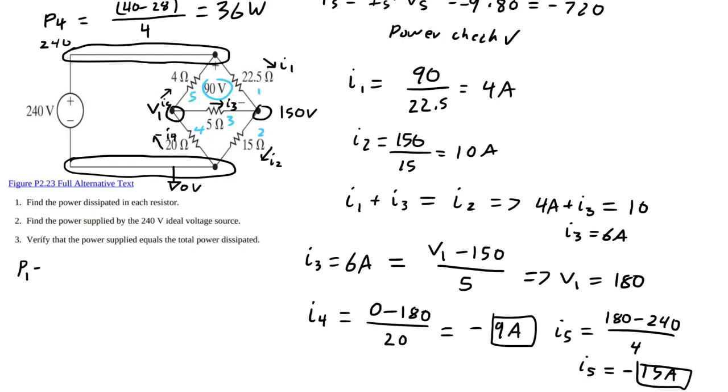So P1 is going to be I squared times R, which is 4 squared times 22.5. So that is, I think it's 360. Let's do it. 22.5 times 16. Yeah, 360 watts.